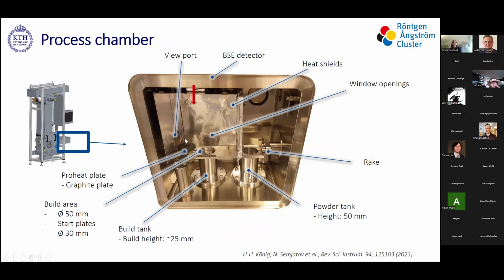The build area is only 5 centimeters, and the build start plates are 3 centimeters. Behind these heat shields there's the X-ray window, the Kapton window. Otherwise it has the same function as the real commercial machine, so we can simulate all the process steps as in the full scale machines.